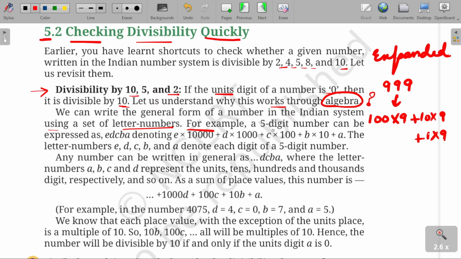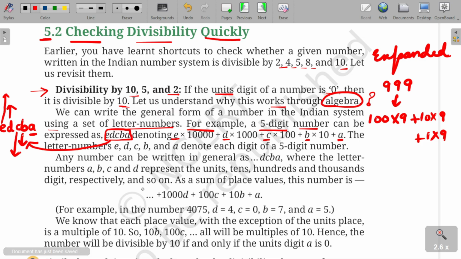So for example, you have a 5-digit number that can be expressed as EDCBA. There is nothing new about EDCBA. This is just a number taken in the form of algebra. This is any random 5-digit number, E, D, C, B, A, where A is at the unit place, B at the tens place, C is at the hundred place, D is at the thousands place, and E is at 10,000.